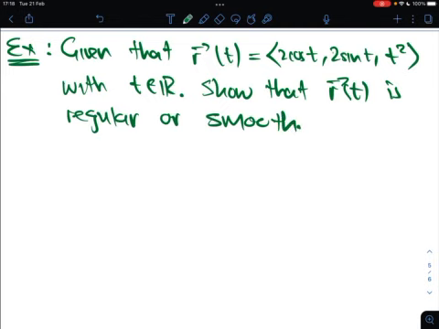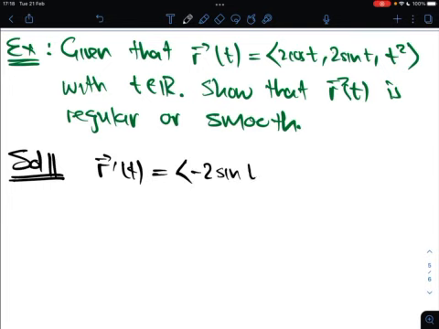You see, so how can we show that R prime of t is regular or smooth? To do that, this is how we proceed. First we find our derivative function, which is just going to be negative 2 sine t, 2 cos t, then 2t.